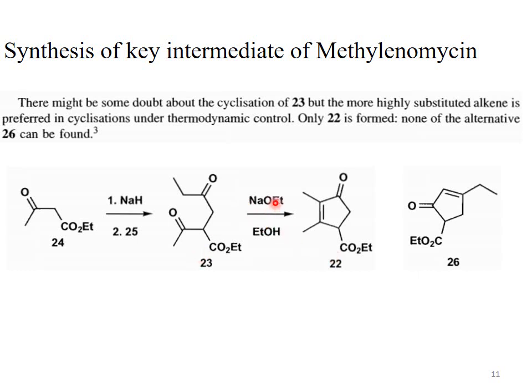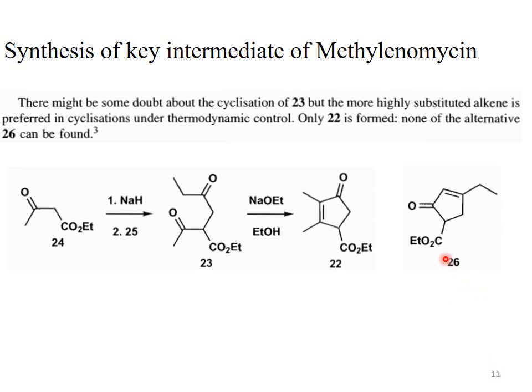I suggest you write the mechanism of this aldol reaction which converts 23 to 22. When 23 is treated with a base, that is sodium ethoxide, the sodium ethoxide abstracts the acidic proton from here and converts 23 to enolate, and this enolate attacks this carbonyl carbon, and after losing a molecule of water, it affords the more substituted cyclized alkene, that is compound number 22.